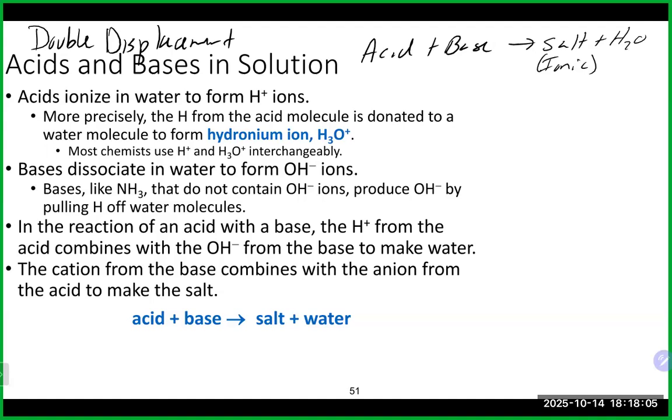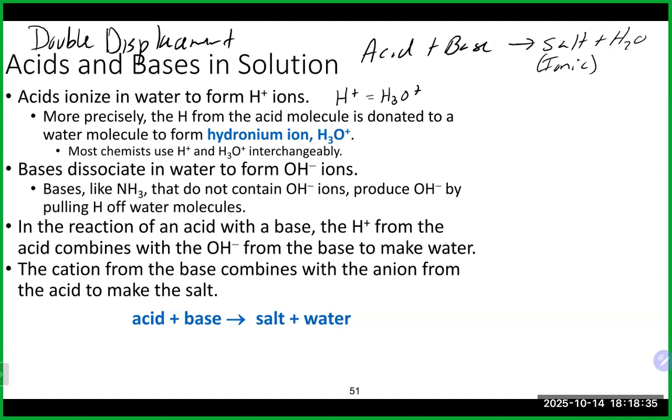An acid is anything that has the ability to form H+ ions in solution. When we talk about acid and base chemistry, something you'll learn if you take 200B is that H+, the hydrogen ion, and H3O+, the hydronium ion, are essentially the same thing. They refer to the acid part of the solution, and they're interchangeable in formulas and equations.